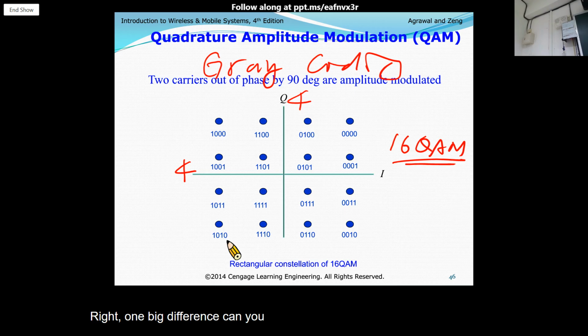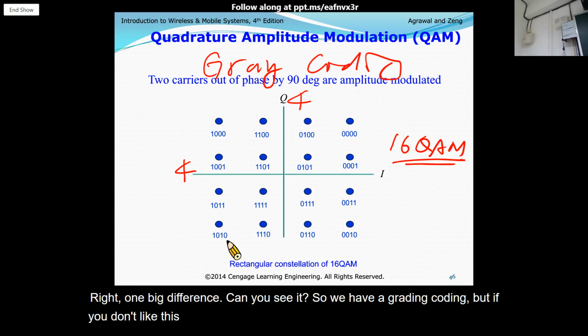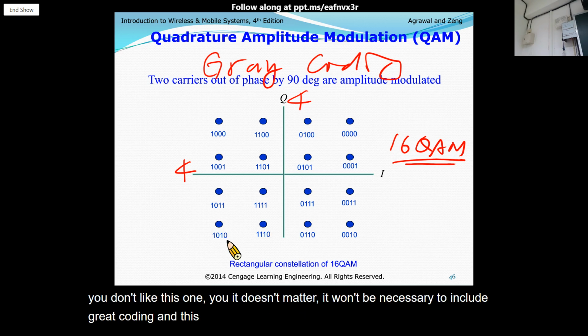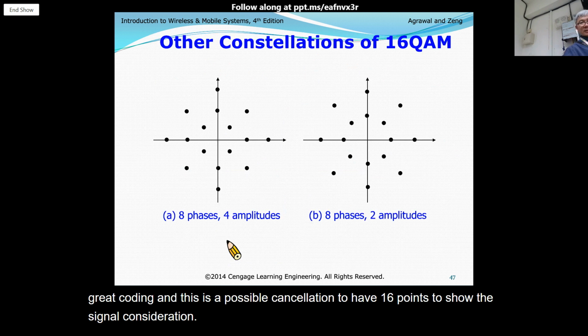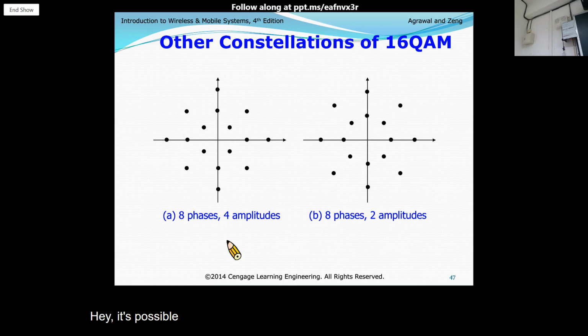So we have gray coding, but if you don't like this one, it doesn't matter. It won't be necessary to include gray coding, and this is a possible constellation to have 16 points to show the signal constellation. And it's possible to have this as well. So that says another constellation of 16 QAM.